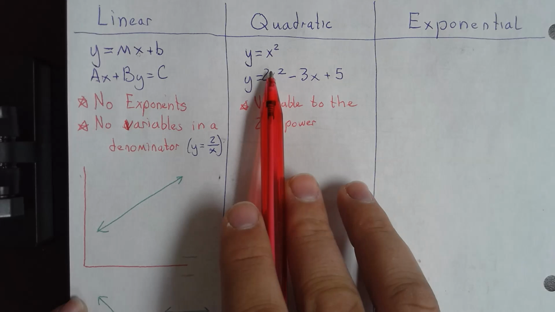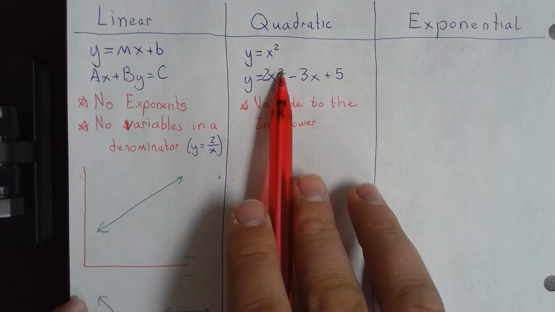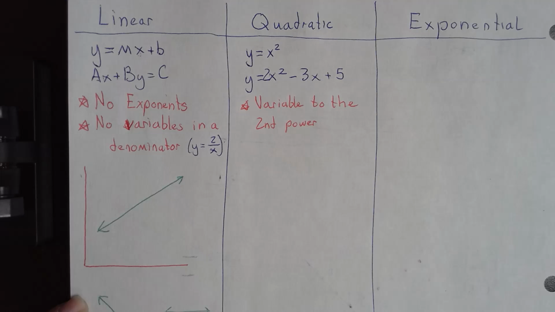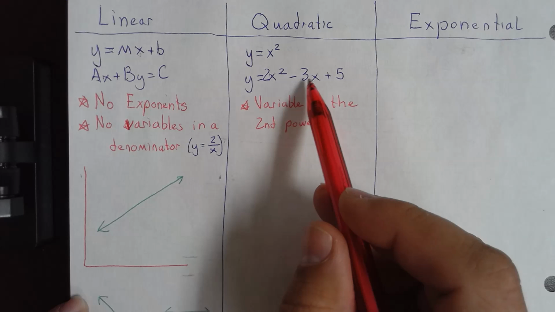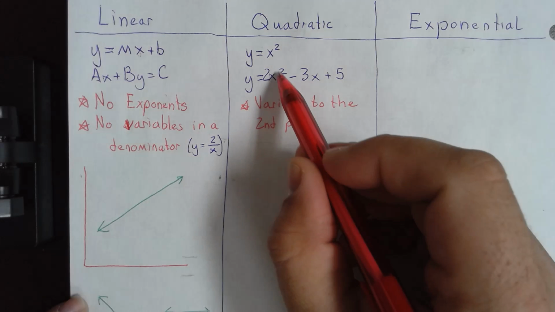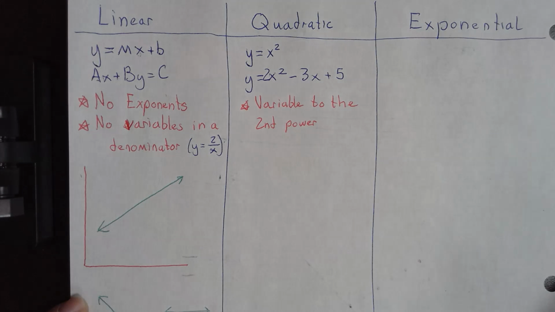If there's any other variable powers that are higher, so if they slipped in an x to the third or something like that, it would no longer be quadratic. If it's x to the third, that's a cubic function. We want to see just x squared somewhere in that problem.